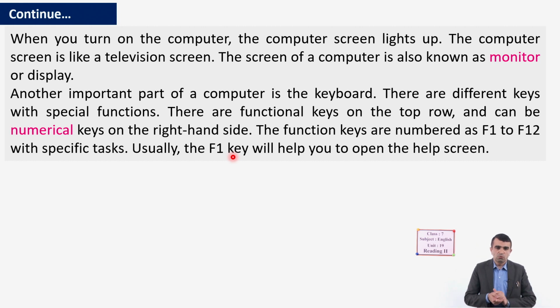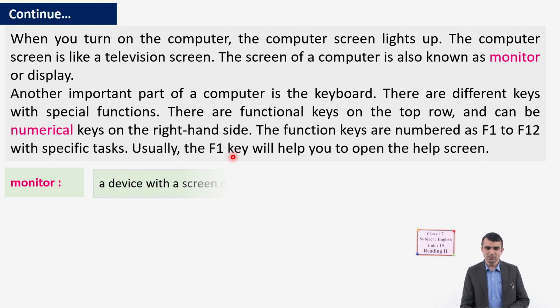Well, when you turn on the computer, the screen lights up. The computer screen is like a television screen. The screen of a computer is also known as monitor or display. Okay. What does monitor mean?